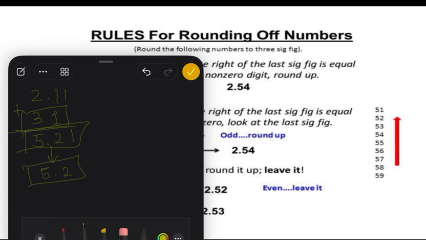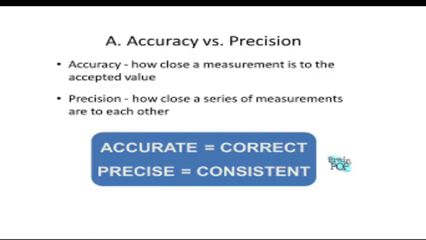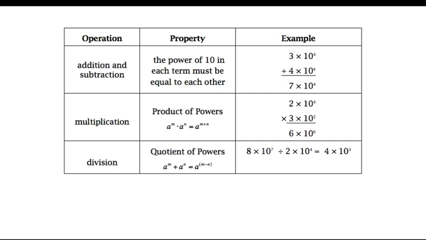Any questions? Nothing? Okay, we can see here in this slide, addition solution is this. Multiplication, this one, and the division also. We can use the power of 10 property. For addition and subtraction, the power of 10 in each term must be equal to each other, right?